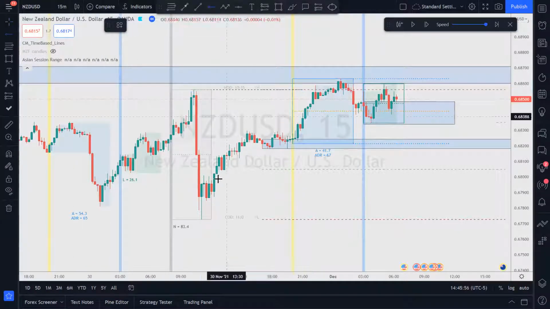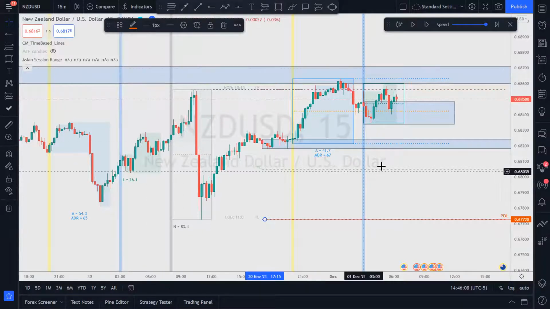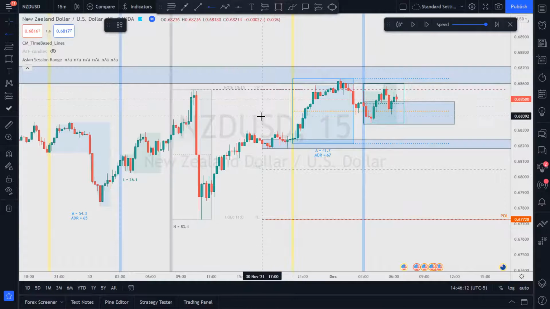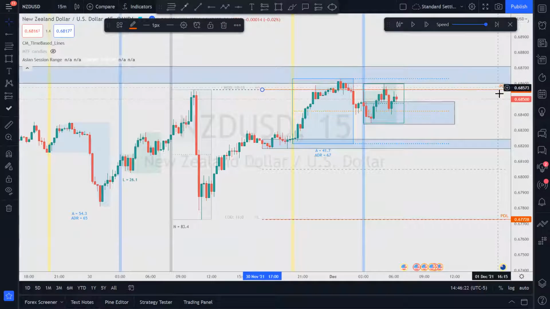I do it quick by just tracing over this Asian session indicator. This is a previous daily low, and we got a previous daily high. Yeah, right there. Boom. Previous daily high. We got the previous daily low, previous daily high.